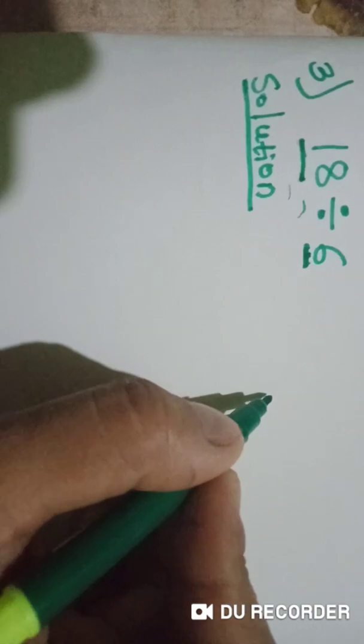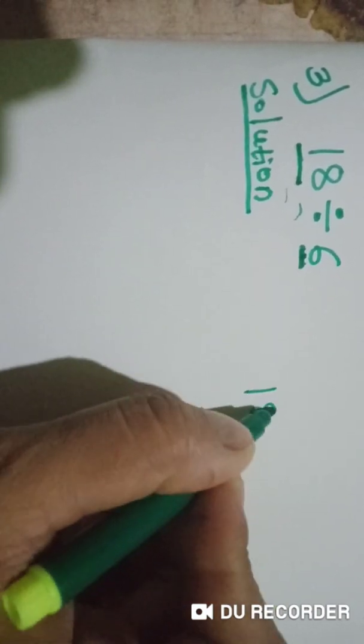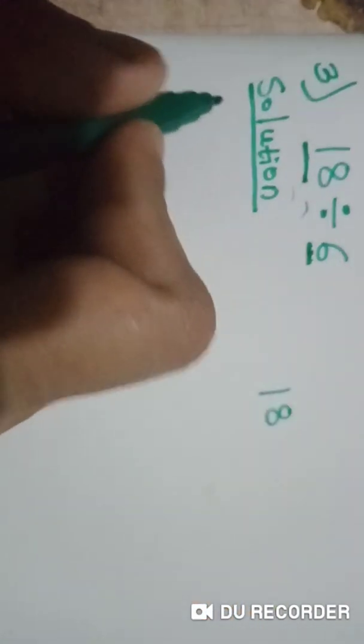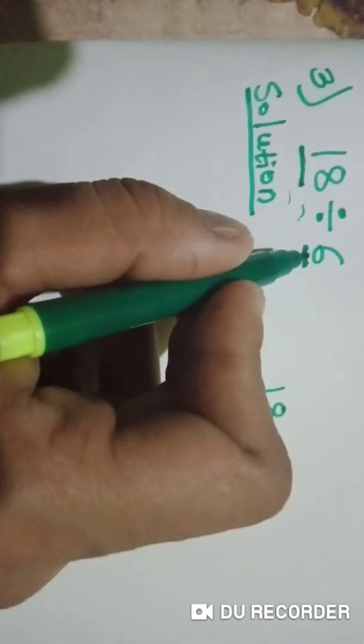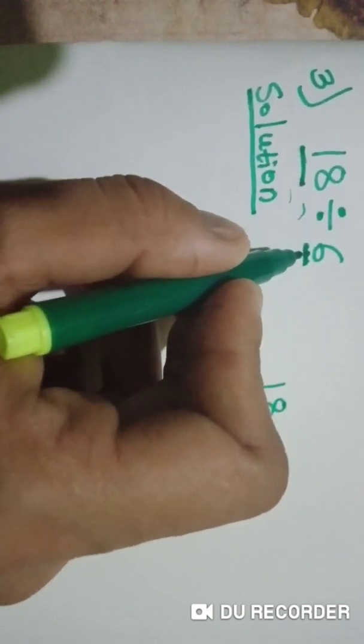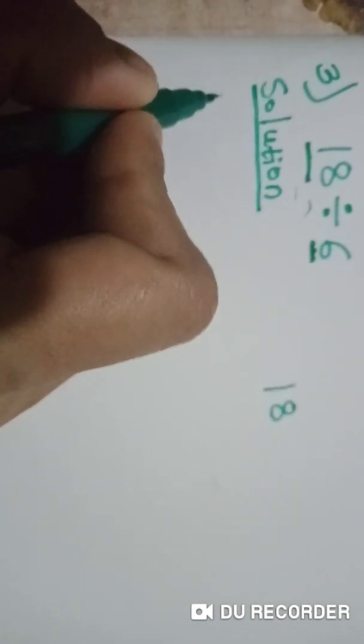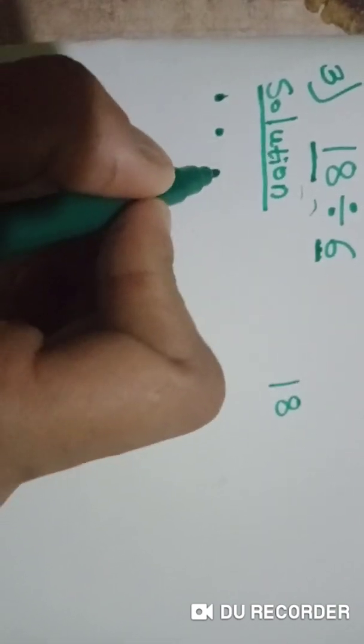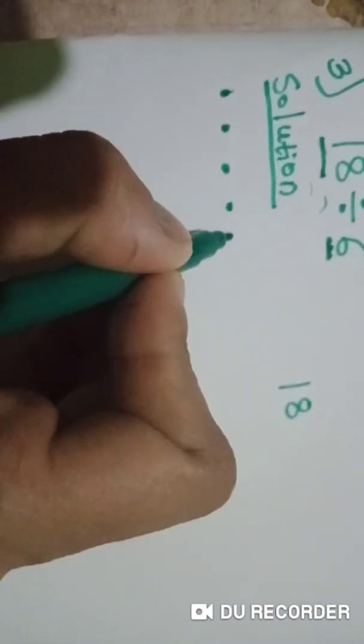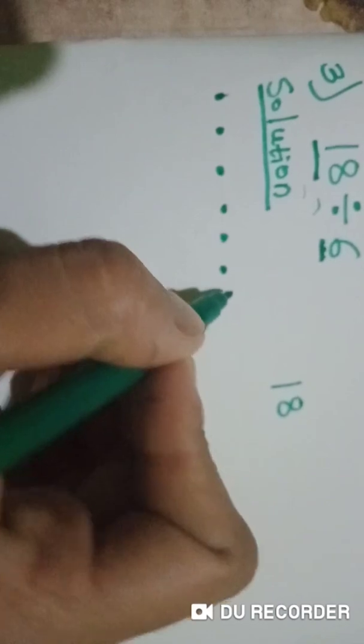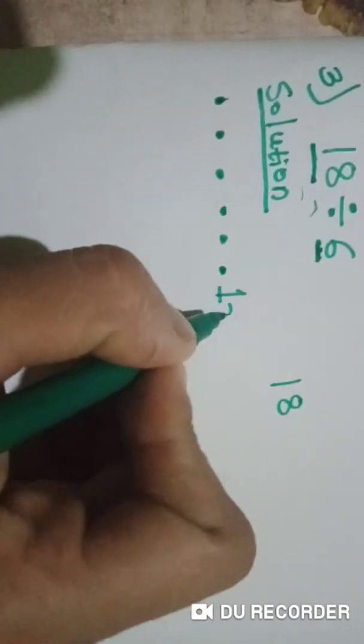What is the dividend here is 18. Therefore 18 we will write here. Now we will start drawing the dots. 6 dots in one row. 1, 2, 3, 4, 5 and 6. This is our first row.